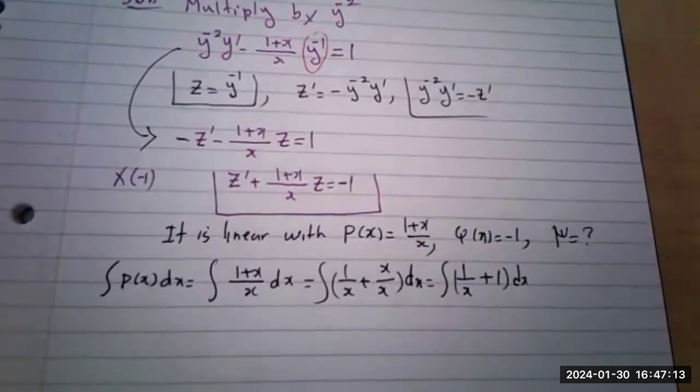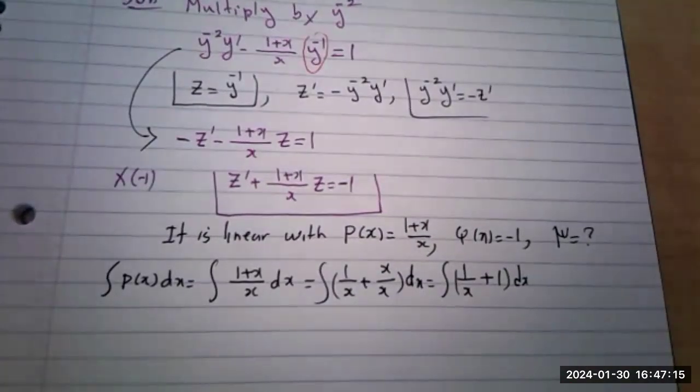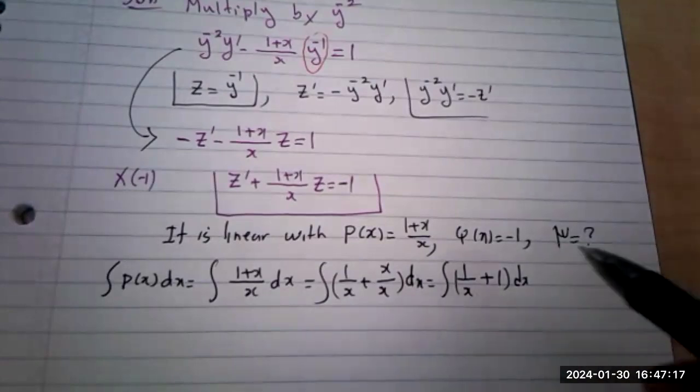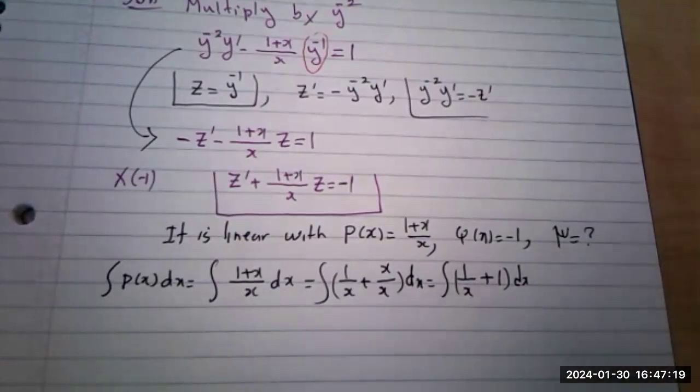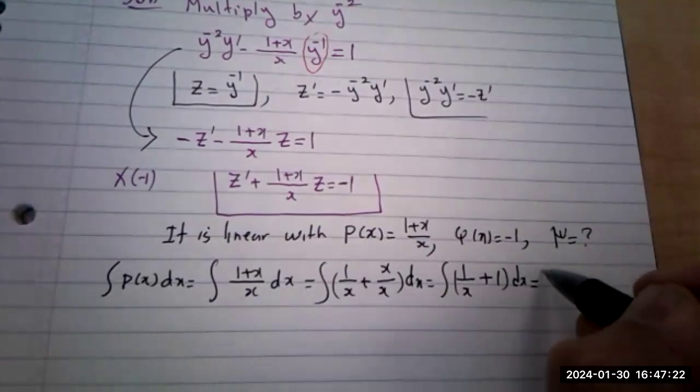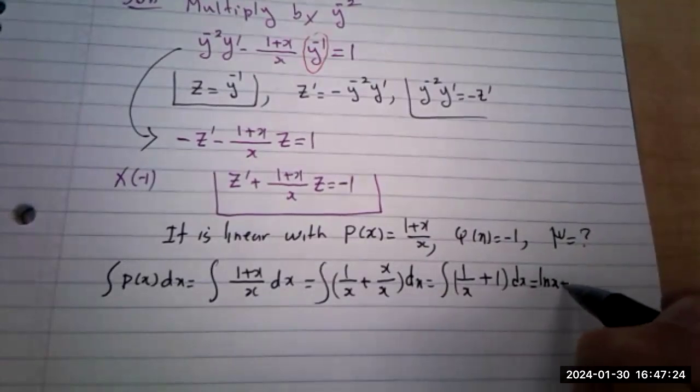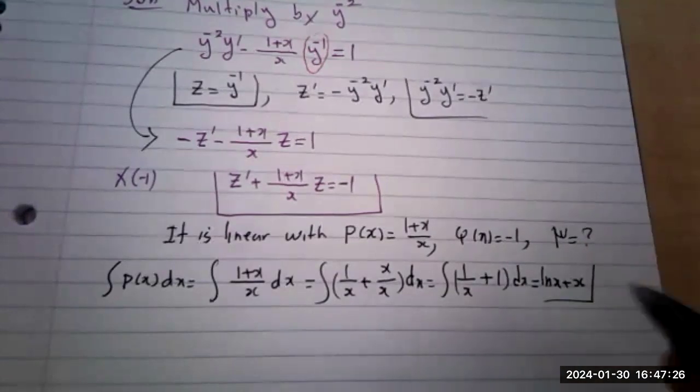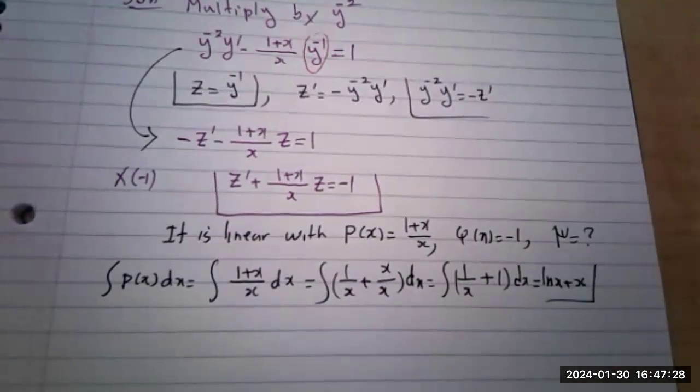You integrate it: the first one would be ln x, the second one would be x. No constant c because we just find the integrating factor. So this is going to be ln x plus x. Assume that x is positive, you don't need the absolute value.